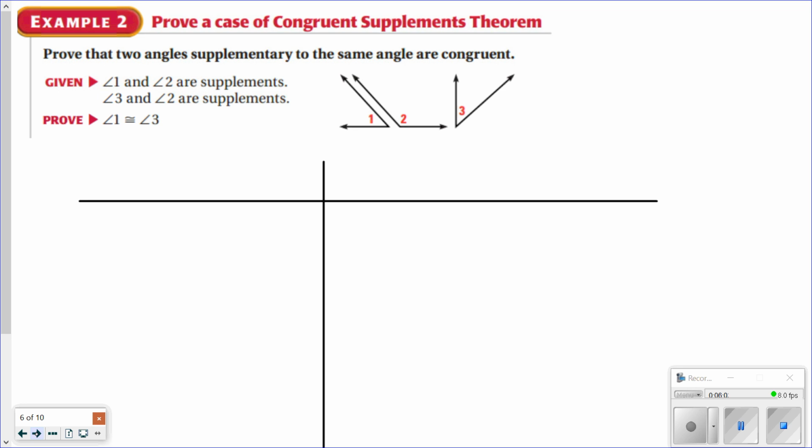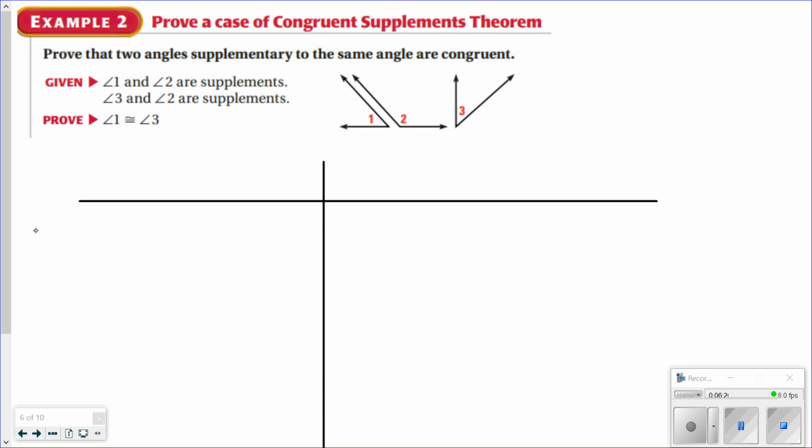All right, so let's prove that two angles supplementary to the same angle are congruent. We are going to prove that theorem. All right, so what's given is that angle 1 and angle 2 are supplementary, and angle 3 and angle 2 are supplementary. So we want to prove that angle 1 is congruent to angle 3. So as always, the first thing we want to write is what is given.